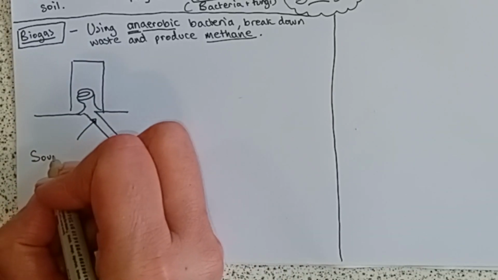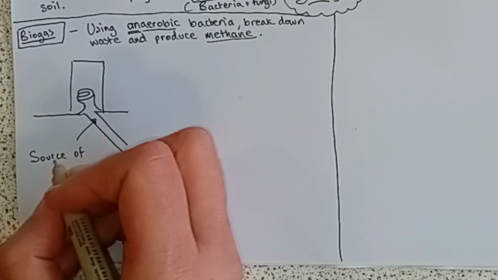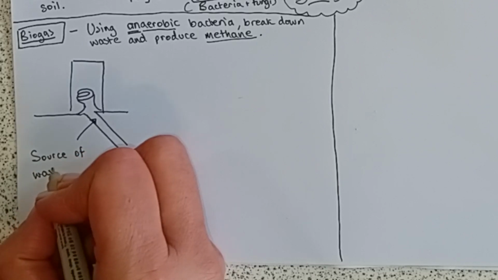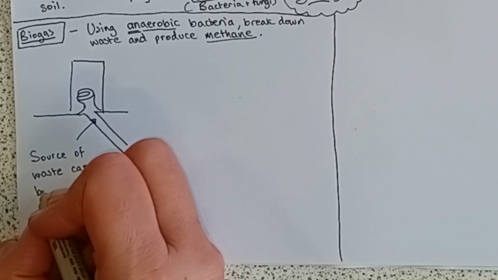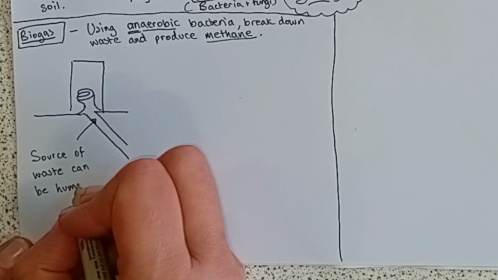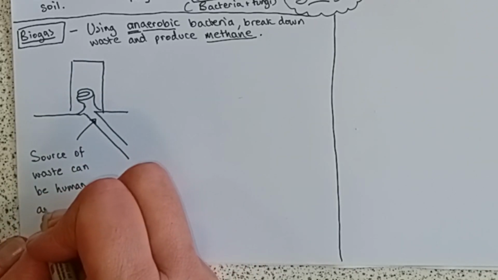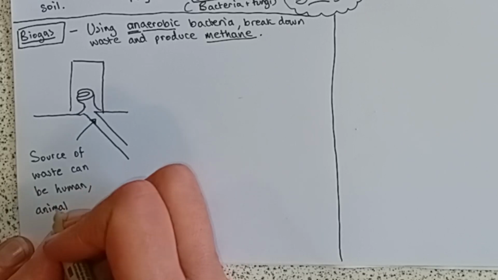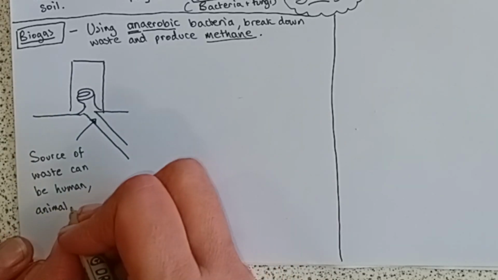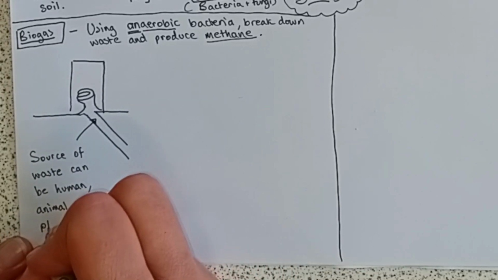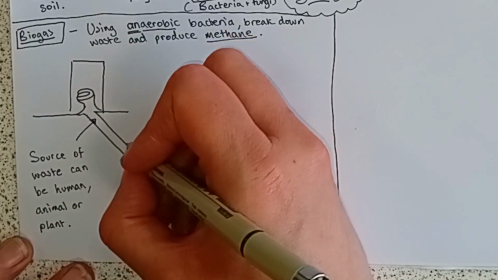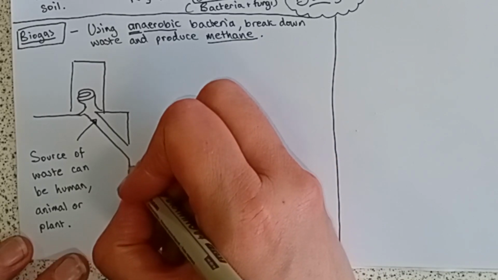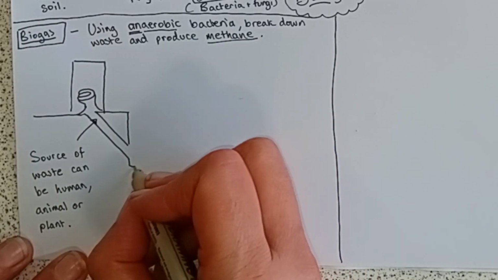So the source of waste can be human, animal, or vegetable, or plant-based. Whatever the source of waste is, it needs to go down into a biogas generator.